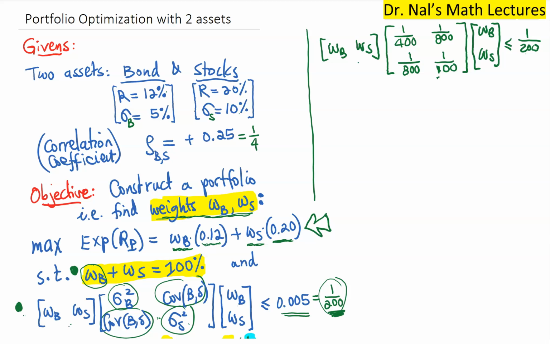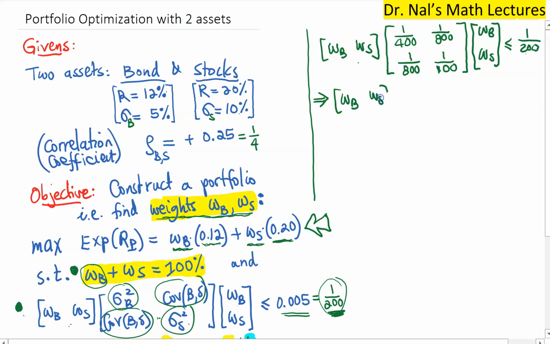So I can multiply the middle one so that we can get rid of all those fractions, if that makes sense. So as a result, we would get WB, WS, and the one in the middle ends up being 2, 1, 1, 8. And the last one, oops, how did I manage to do that again? And we have WB, WS, less than or equal to, because I multiplied both sides by 800, on the right hand side we are left with 4.